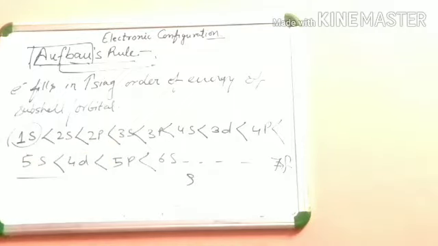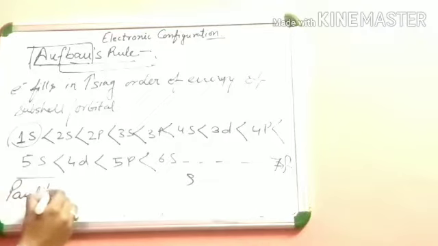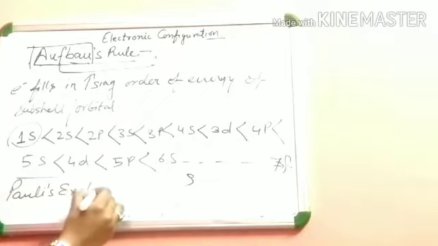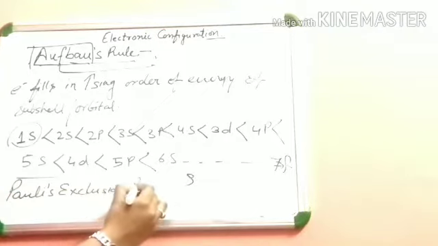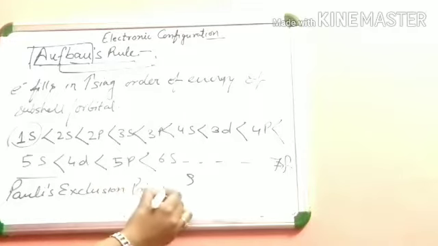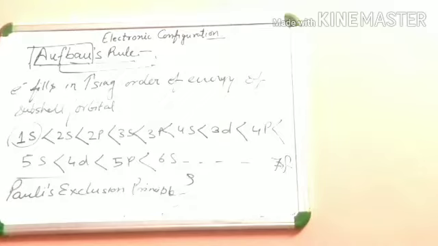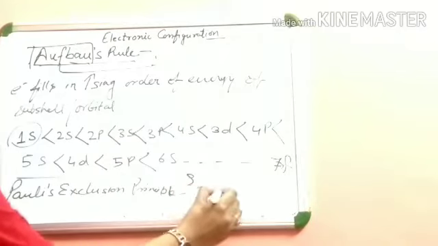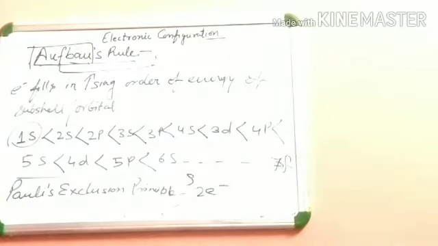Now see, according to Pauli's exclusion principle, each orbital can hold a maximum of 2 electrons. 1s has only a single orbital, so it can hold a maximum of 2 electrons.